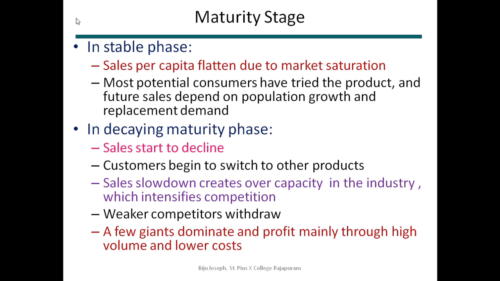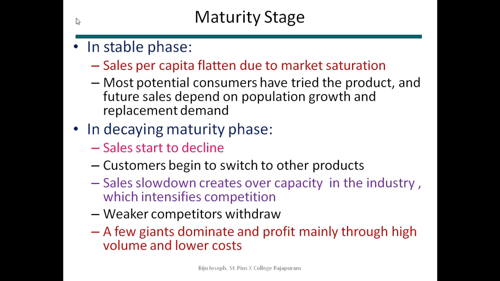And as a result of the increased supply, to sell their brands, companies may be intensifying competition. They may go for price cuts. They may come with increased promotion, etc. So they may intensify competition. And as a result of this intense competition, weaker competitors may be thrown out of the market.